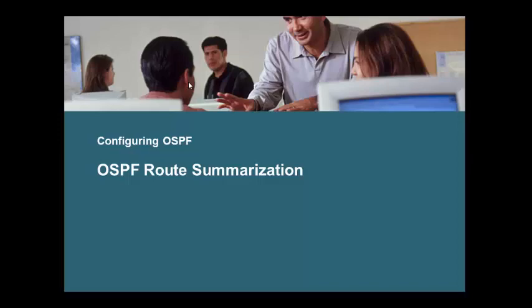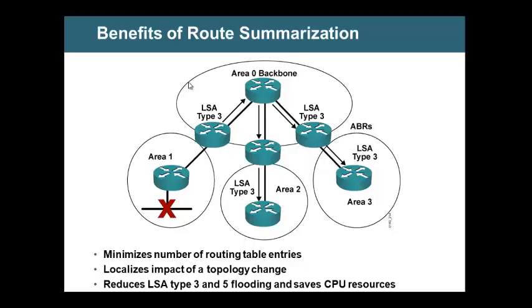If you summarize type 5 LSA, then we call it ASBR summarization. If you reduce the type 3 LSA flooding, we call it ABR summarization.